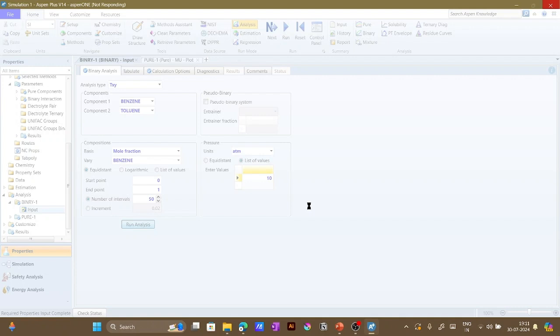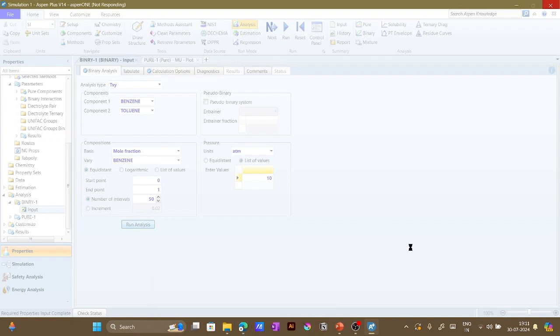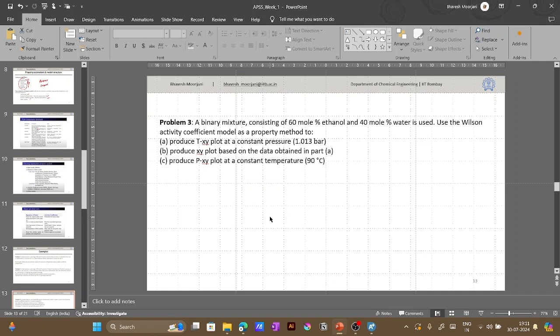Why is this happening? It should not happen that way. Okay, let it load.